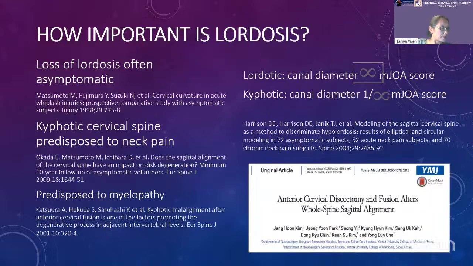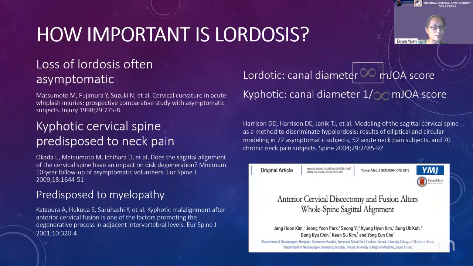So is the non-lordotic cervical spine pathological? I think it's inconclusive. There was a study where patients with whiplash injuries were also shown to have similar cervical spine alignments compared to those who are asymptomatic. So this suggests that a loss of lordosis may not necessarily be the result of neck pain.